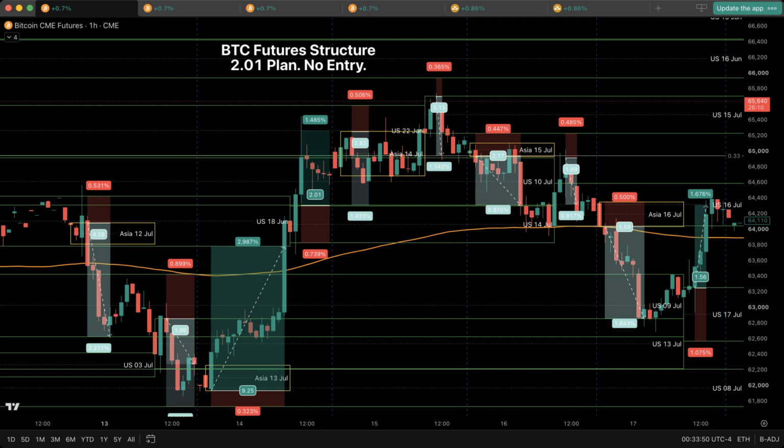Now compare the two structures. July 13th, Asia gives a huge long. Entry: July 13th, Asia lower boundary. Stop: July 8th, US lower boundary. Target: June 19th, US upper boundary. Trail: July 13th, Asia upper boundary.